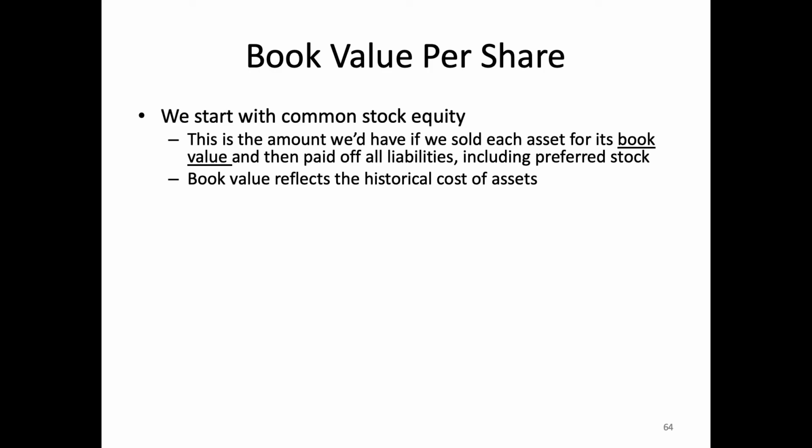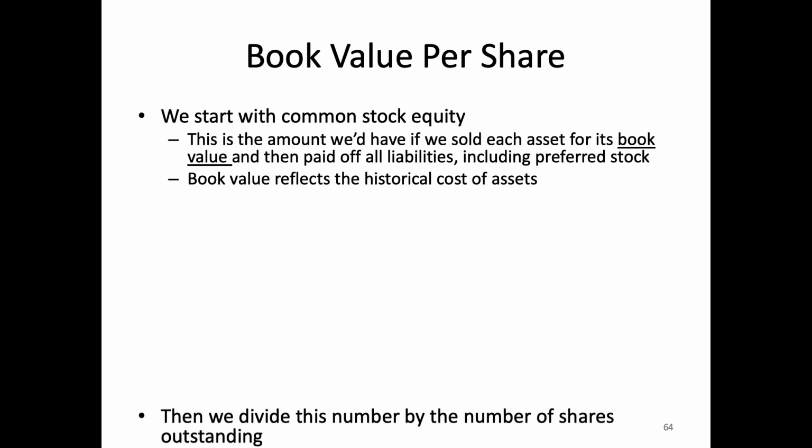But if we sold the factory, the vehicles, the equipment for what we paid for them and used the money to pay off all the debt, the current liabilities and the long-term liabilities, the bonds, and we divide it by the number of shares, we'd have the book value per share. So we're just trying to see how much stockholders invested into the firm on a per share basis.